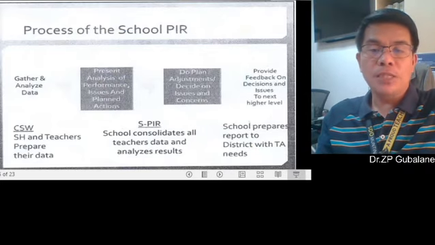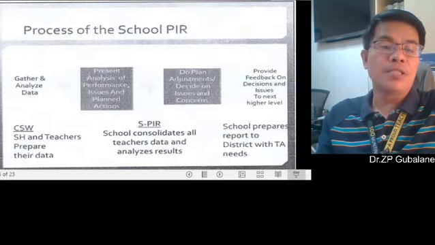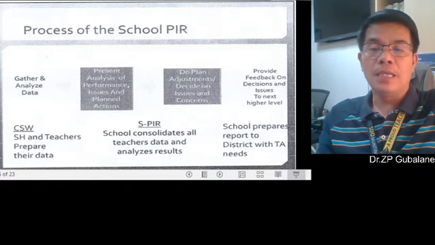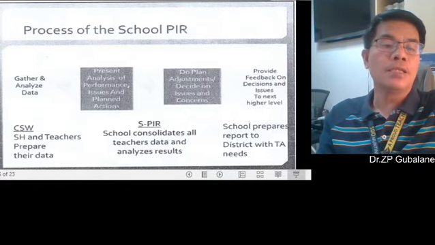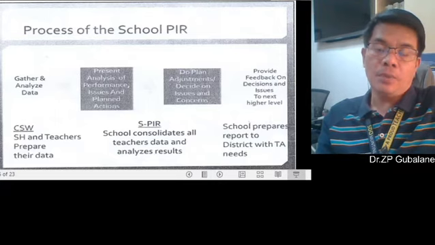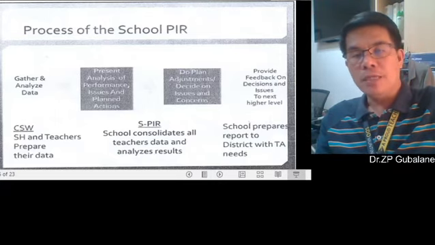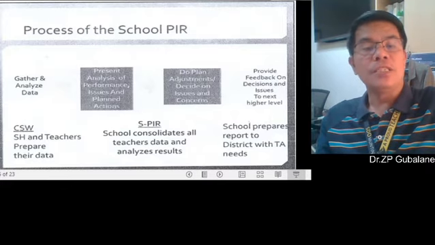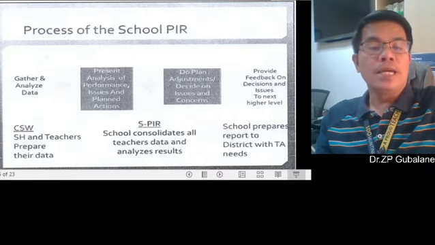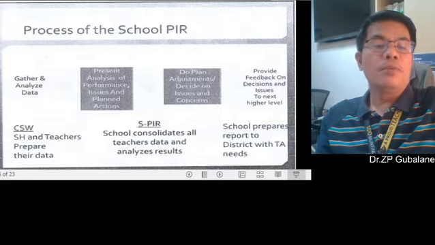Now, the process of the school PIR. As you can see there, it starts with data at the left portion of this table. You can see gather and analyze data. So truly, PIR or Program Implementation Review is a data-driven activity. And then the next box is present, analyze the performance issues and planned action.